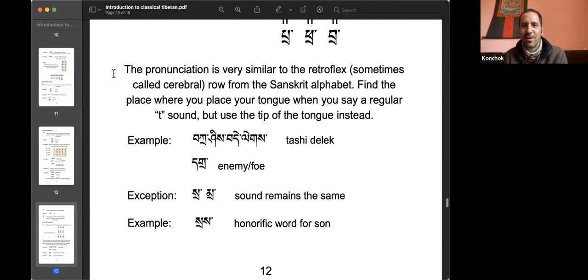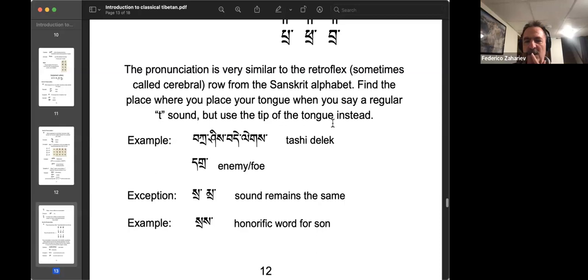Let's see. The pronunciation is very similar to the retroflex, sometimes called cerebral row from the Sanskrit alphabet. Chuck, sorry, just a question. There's this rule with the first, third, and fifth row.